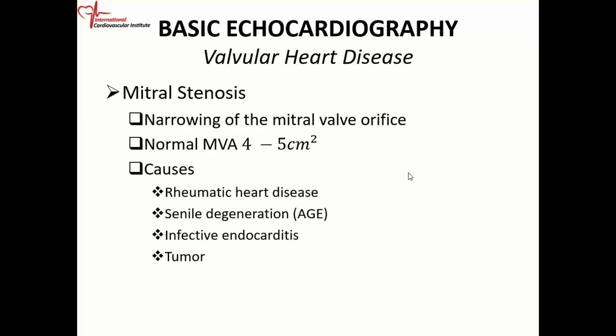So mitral stenosis is a narrowing of the mitral valve orifice, and the normal valve size is about 4 to 5 centimeters squared. It's one of the larger valves, and as a result the flow is somewhat slower than, say, through the aortic valve.